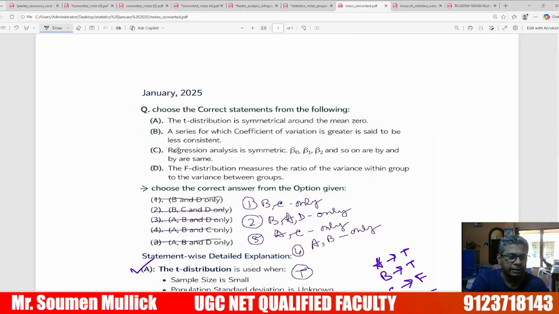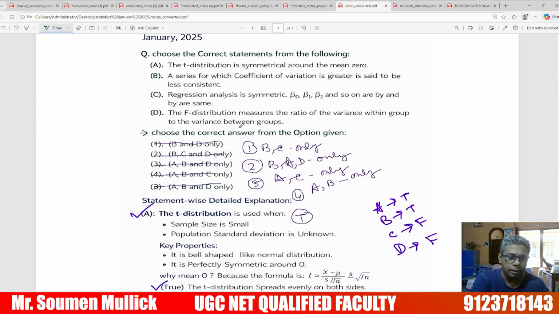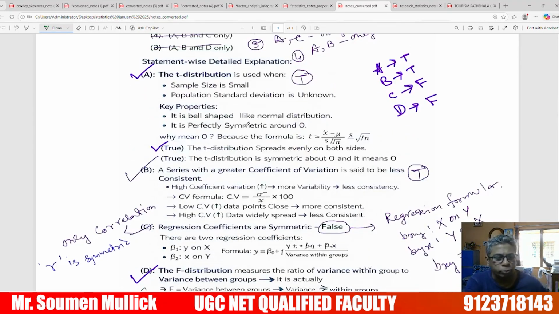Now check the second statement. A series for which the coefficient of variation is greater is said to be less consistent. Is this statement true or not? High coefficient of variation means more variability, so these are less consistent.